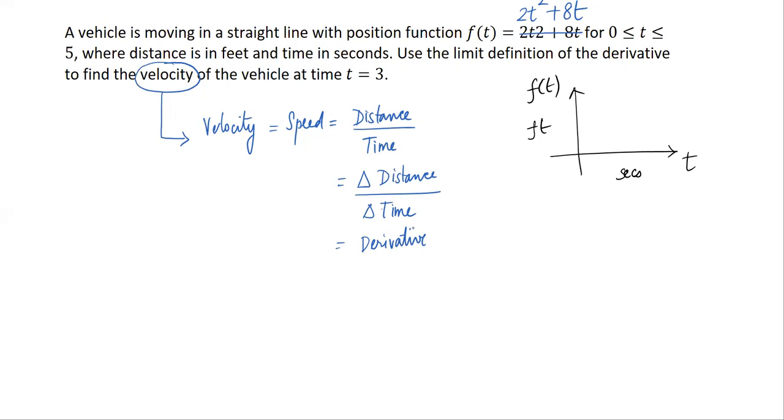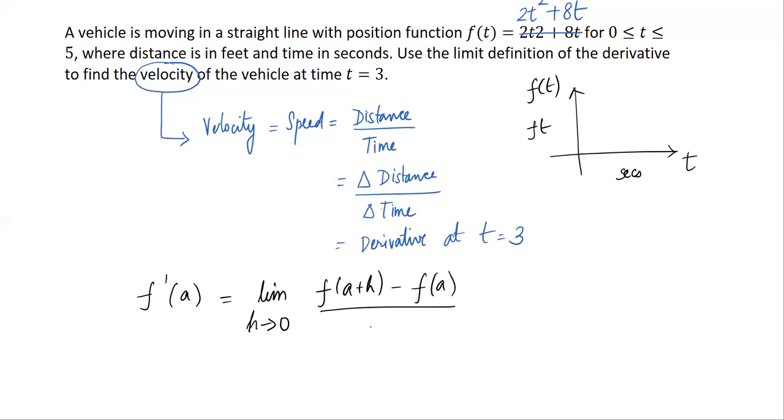So now, the derivative at t equals 3 is what we're trying to find. So now we go back to our f prime formula. F prime of a is the limit as h approaches 0 of f of a plus h minus f of a, all over h.